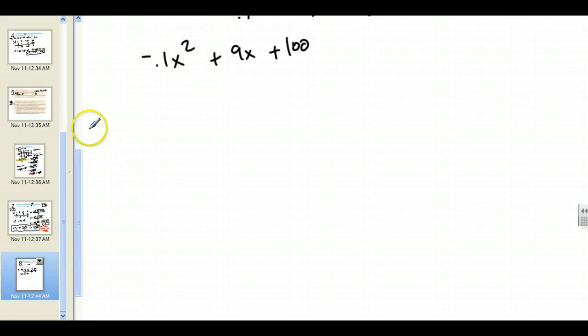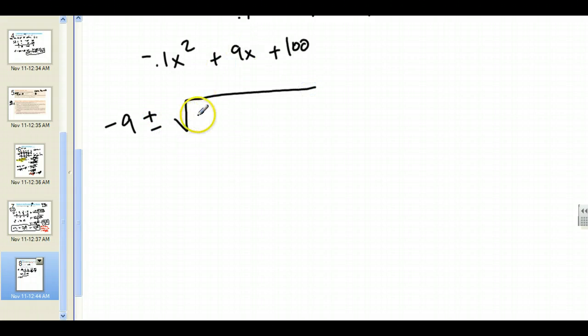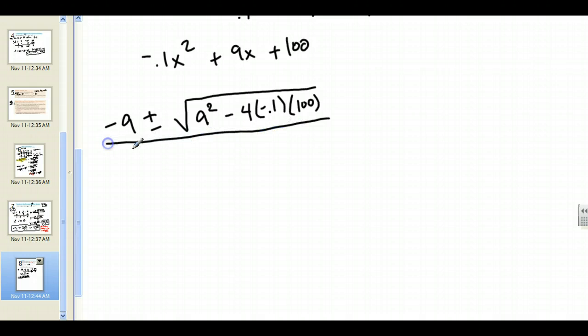Minus b would be minus 9, plus and minus the square root of b squared, which is 9 squared, minus 4a, which is negative 0.1, c is 100, all over 2a, which is negative 0.1.